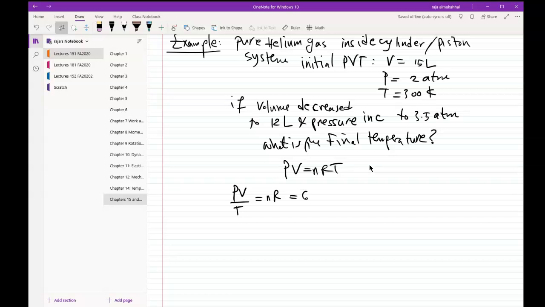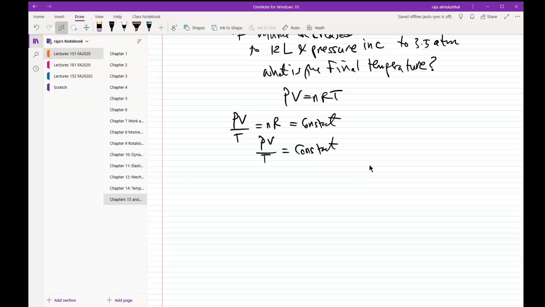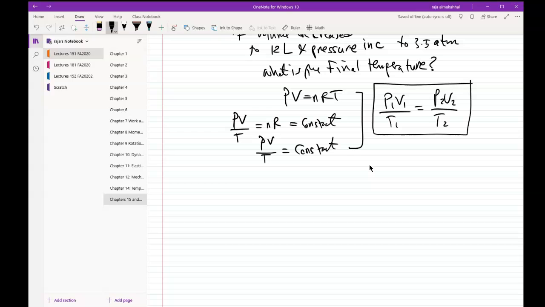But nR is a constant, correct? So that means PV over T is always constant, as long as there is no loss in mass. So I can write this formula like this: P1 V1 over T1 is equal to P2 V2 over T2. And that's a really important formula to keep in mind.